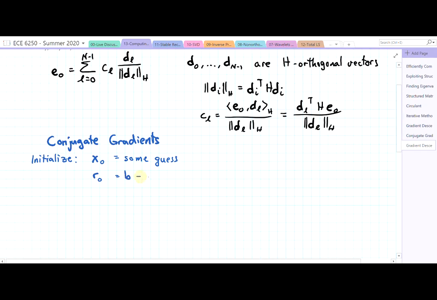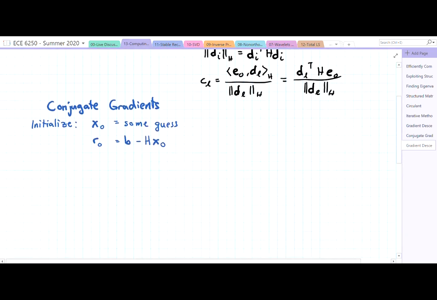Perhaps you're using a communication system and you happen to know what the guess was before, but now we've had a slight change in our system response or transfer function. And so we need to solve the problem again, but at least starting with our previous guess isn't a bad place. If you don't have that, starting with a guess of 0 is a tried and true method of proceeding. And so here's our initialization.